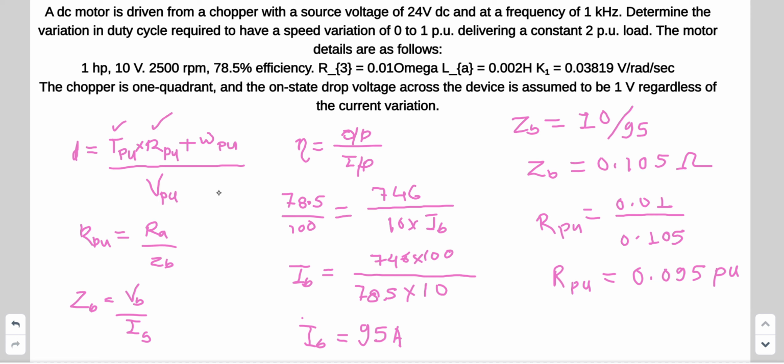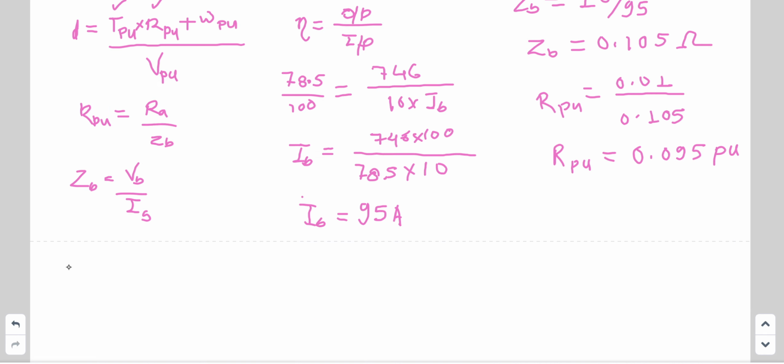We have calculated another value, and now we have to calculate V per unit. V base is given and the supply voltage is given, but there is a 1 volt drop across the devices, so we will subtract it. V per unit is equal to V actual, or V source, divided by V base.